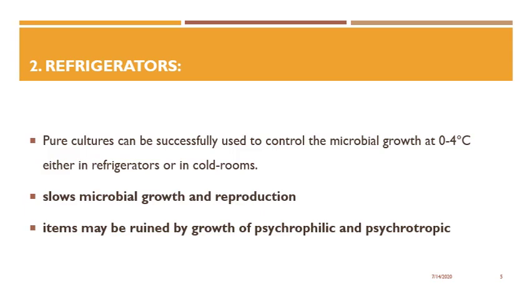Fortunately, most pathogens are mesophilic and do not grow well at temperatures around 4 degrees centigrade. Refrigerated items may be ruined by the growth of psychrophilic and psychrotrophic microorganisms, particularly if water is present. Thus, refrigeration is a good technique only for shorter term storage of food and other items.